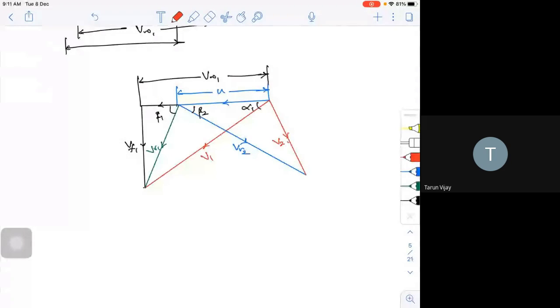Then I can close with your VF2. Then I have my VW2. So this is my VF2, then this is my VW2, and this is my alpha 2. So both the triangles are correct.